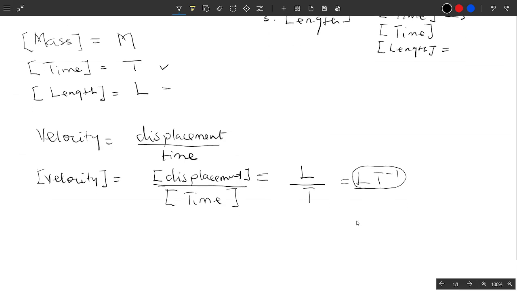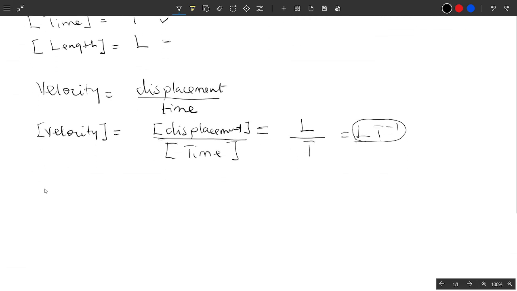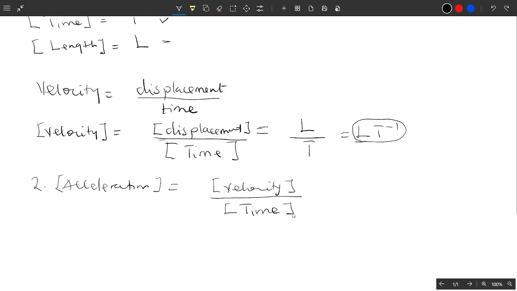Now, let's try the second one, acceleration. The dimension of acceleration. Acceleration is the rate of change of what? Velocity. It means that it is velocity divided by what? Time. So the dimension of acceleration will be equal to the dimension of velocity divided by the dimension of time.